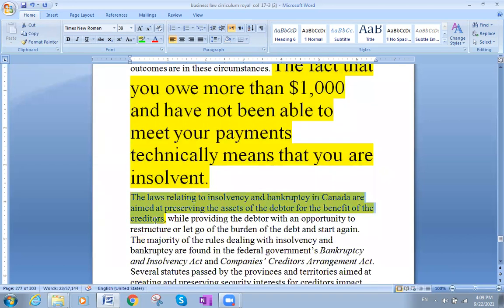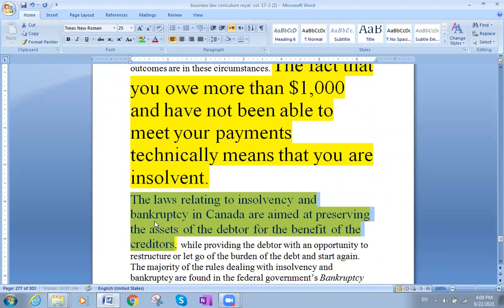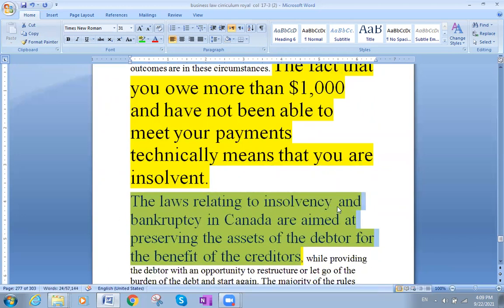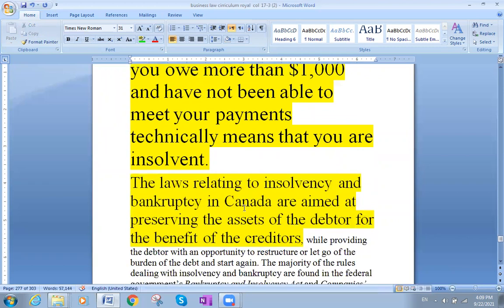The laws relating to insolvency and bankruptcy in Canada are aimed at preserving the assets of the debtor for the benefit of the creditors. So the bank will hold the assets, see how much they amount to, and that will go to the creditors.